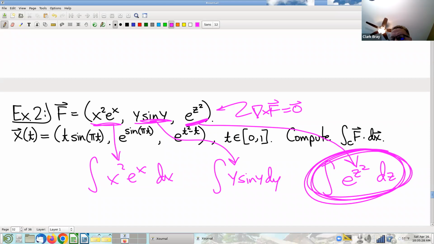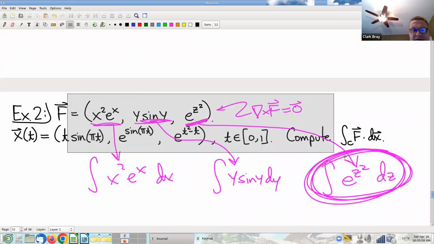It can't be done without doing sequences and series or something like that. There is an antiderivative, I emphasize, it's just that you can't write it down in usual terms. So the fundamental theorem of line integrals is not looking good.